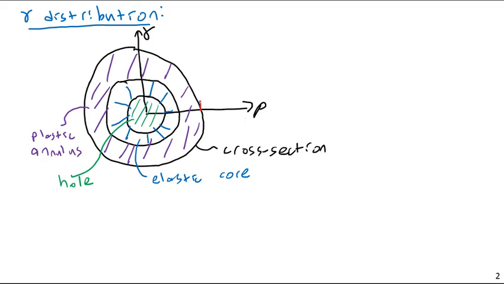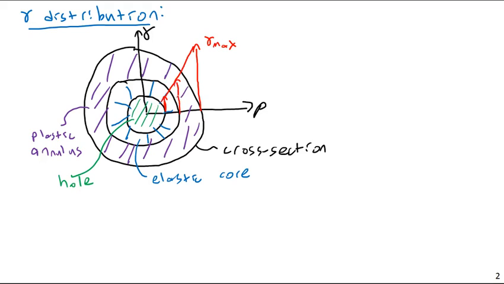So our strain just keeps on increasing right up to the outer surface, gamma max here. It would go all the way to zero if there wasn't a hole here, but there is a hole here, so this is actually the minimum value that we'll have for the strain. And this thing just keeps increasing linearly throughout.